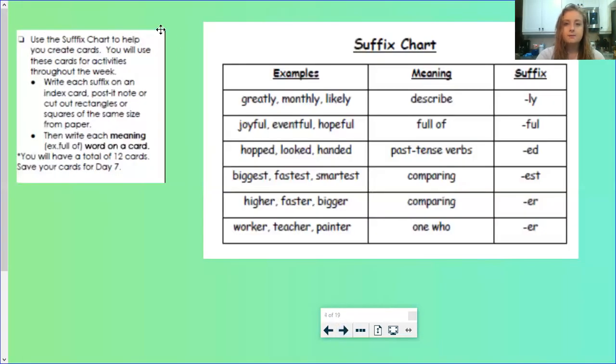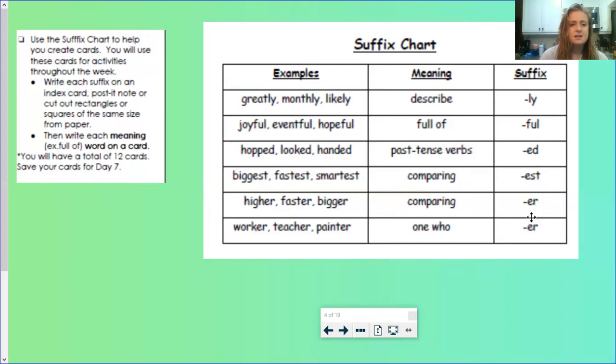Here's the chart they give you. I'm not going to make the cards. What they want you to do is just make cards based off of this chart. So like you're going to make a card for LY, lee. It tells you to write each suffix that's listed here. So we have 1, 2, 3, 4, 5, 6 cards.